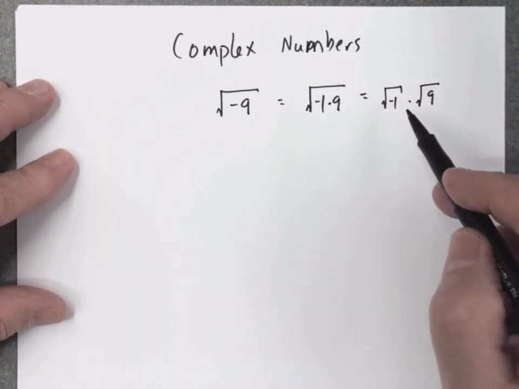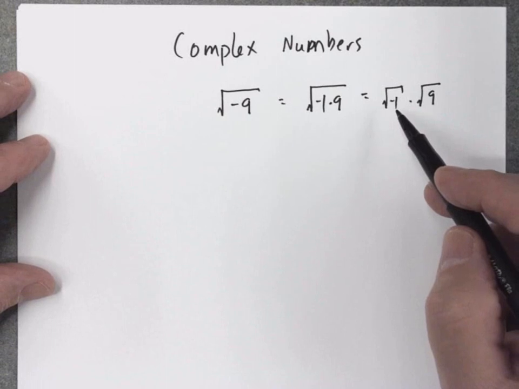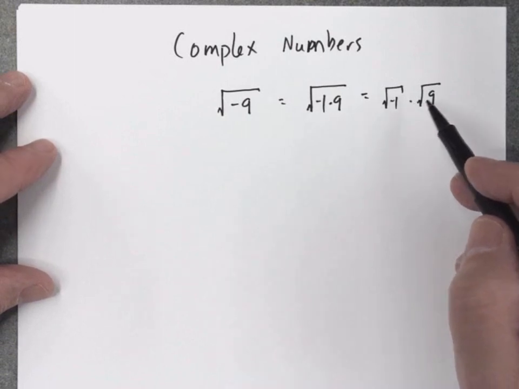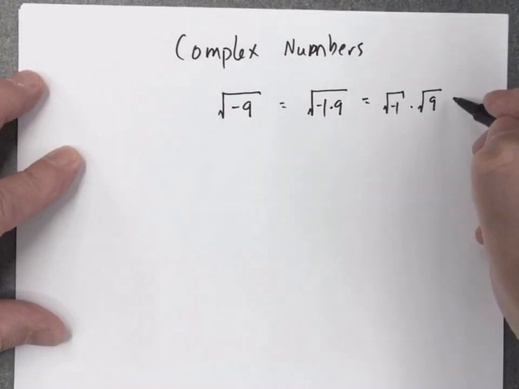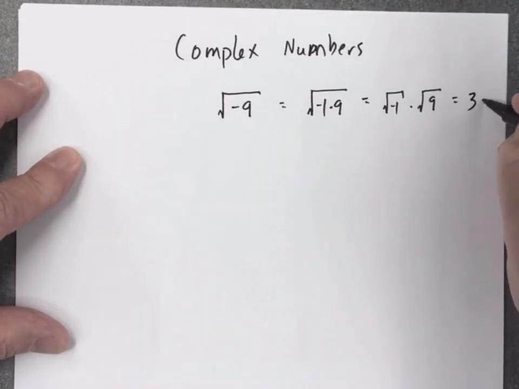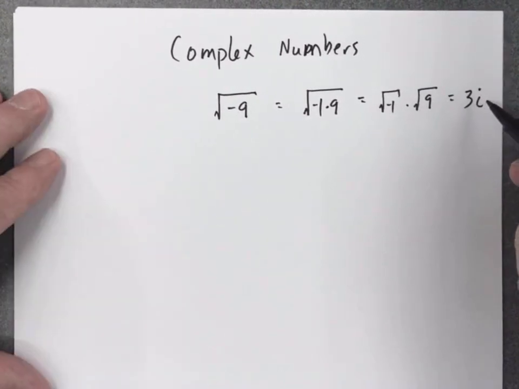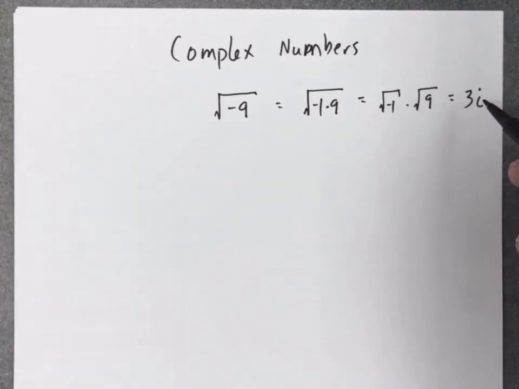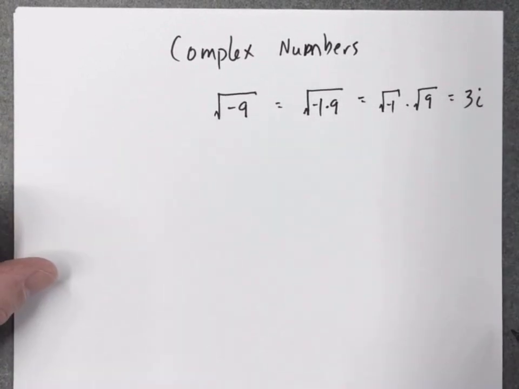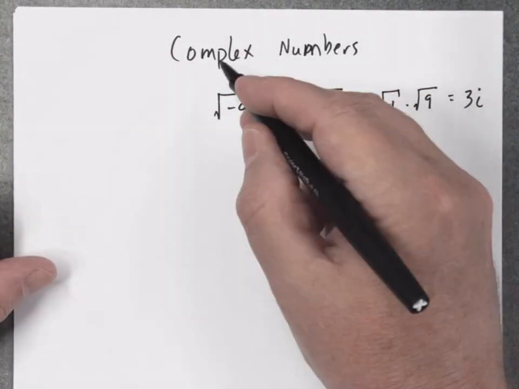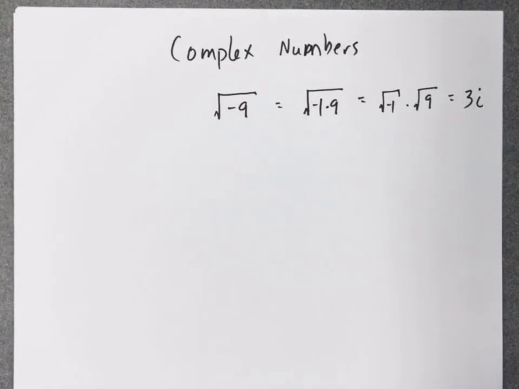So the square root of -9 is the same thing as the square root of -1 times the square root of 9. Now the square root of 9 is 3. And then what we did, we came up with this i, which stands for the imaginary unit, where i equals the square root of -1. And because of this, then we came up with complex numbers.